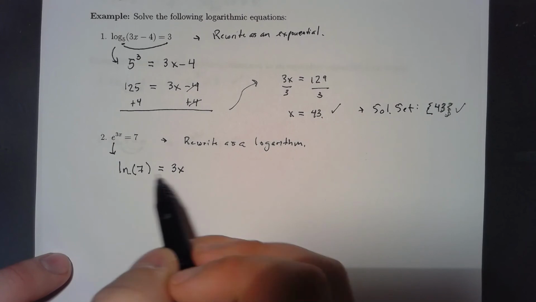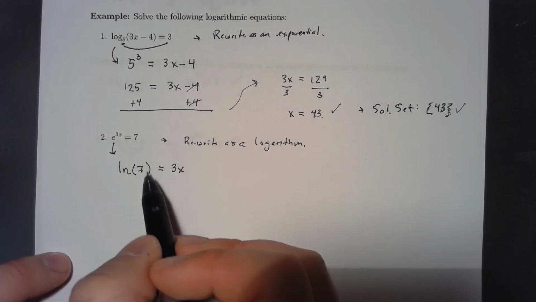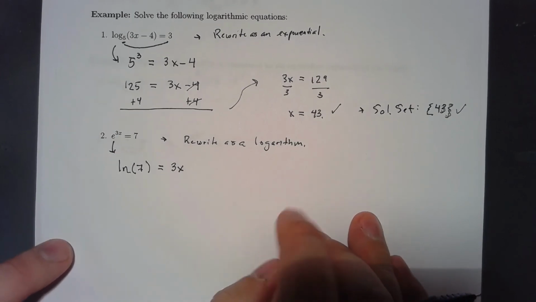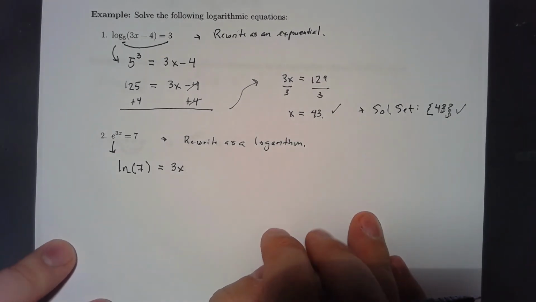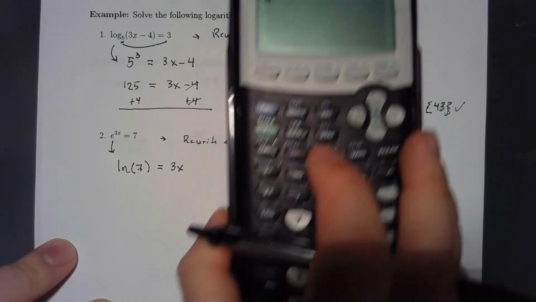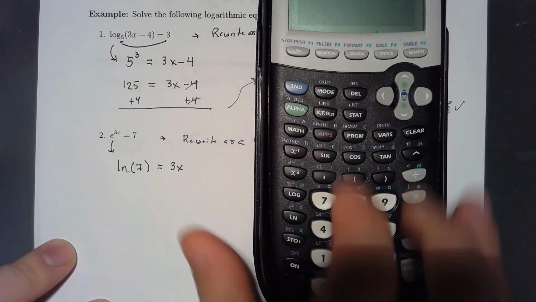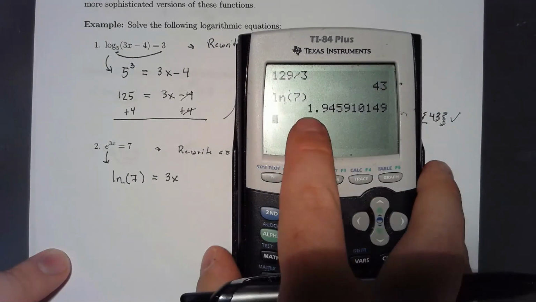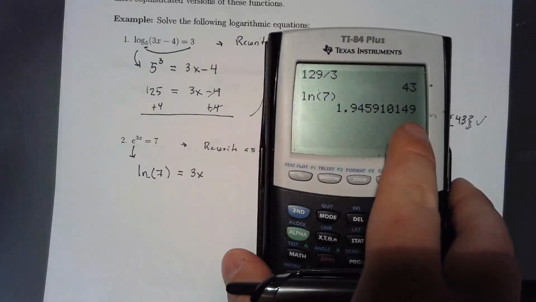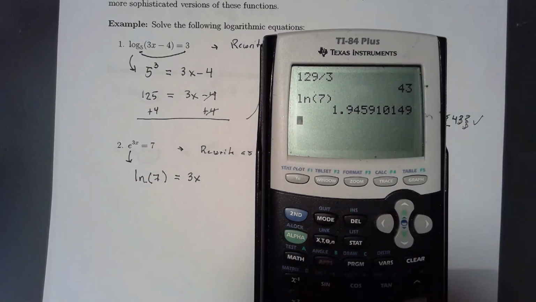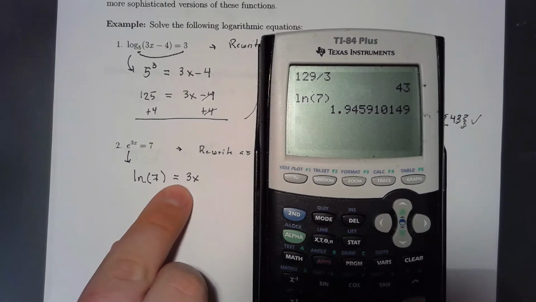You know this because of the relationship between logarithms and exponentials, how you go from one to the other. So natural log of 7, this is just a number. We could approximate the number if we wanted to, but we just keep it in exact form. ln of 7 equals 3x.